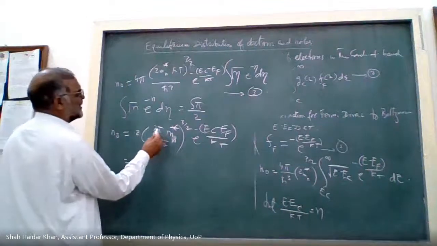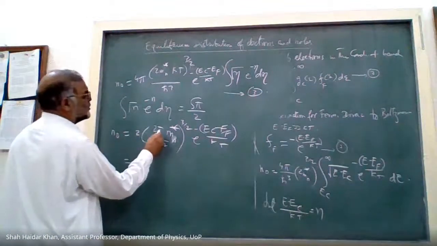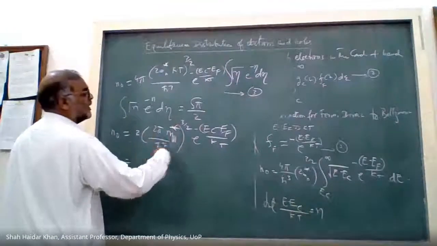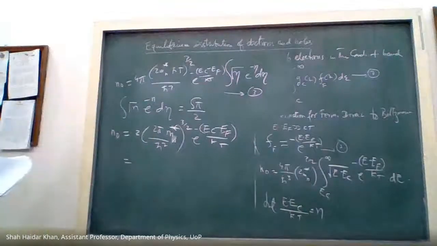That is a constant, right? 2 and 2 pi m, and all this is a constant, right?